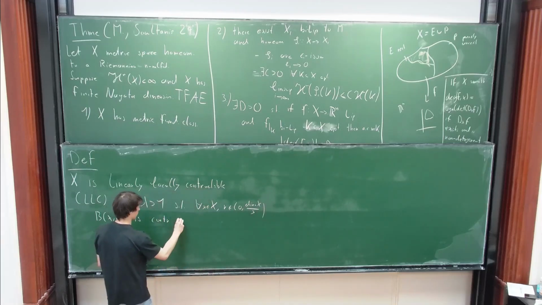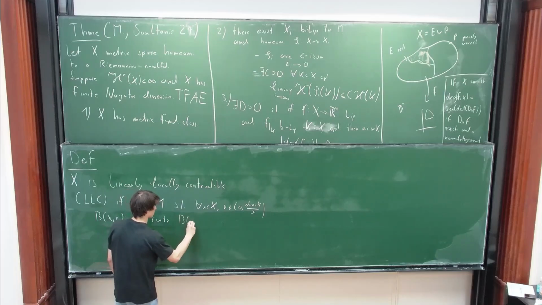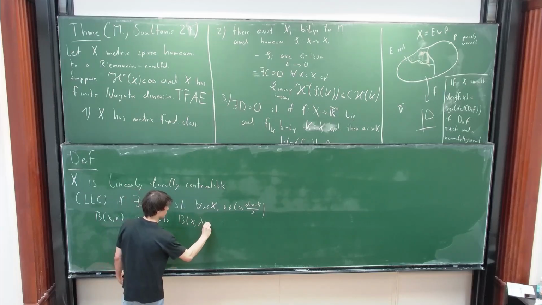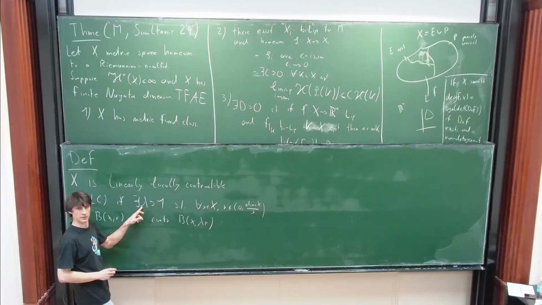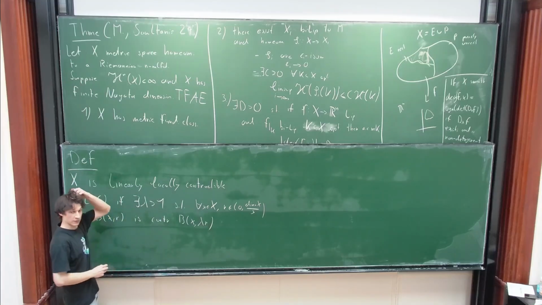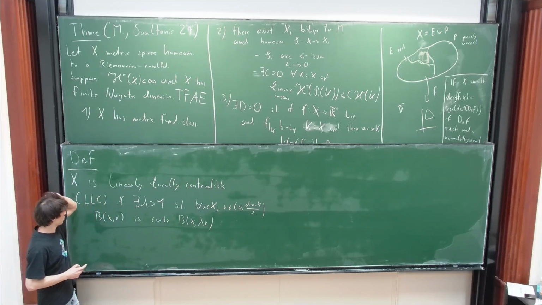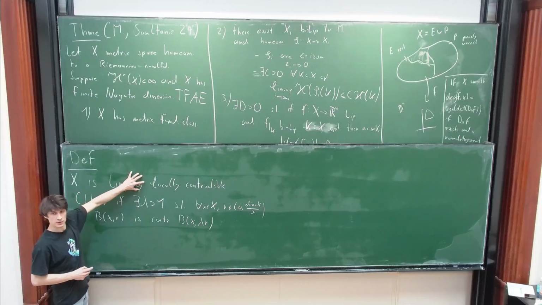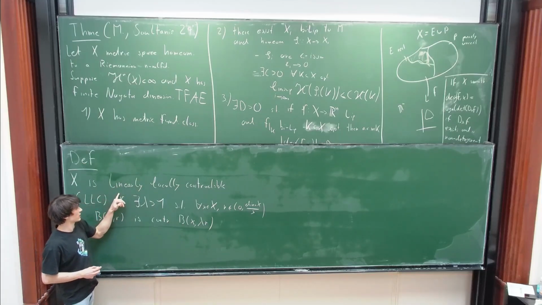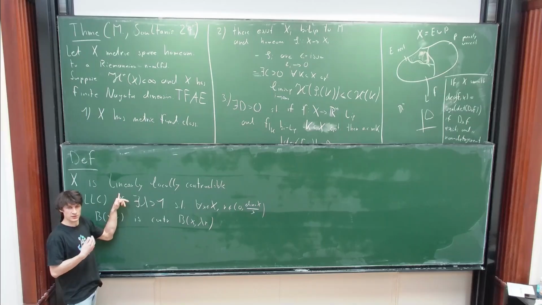It's contractible within a bigger ball of the same center, but with the radius enlarged exactly by this factor. For example, every manifold is locally contractible, and linearly locally contractible is a quantitative version of this property.